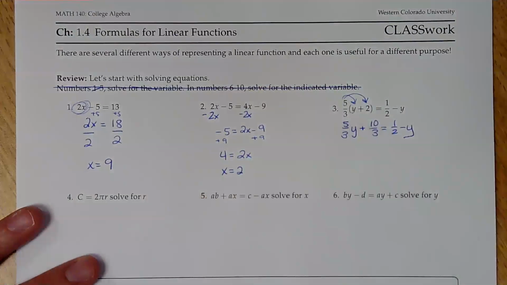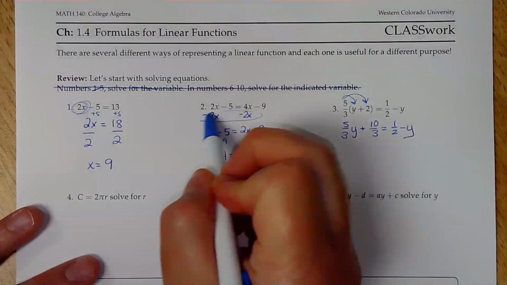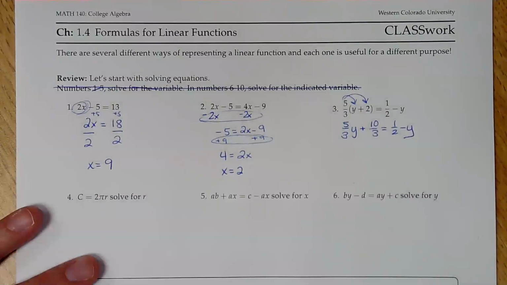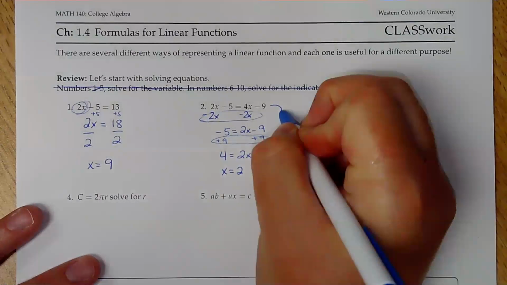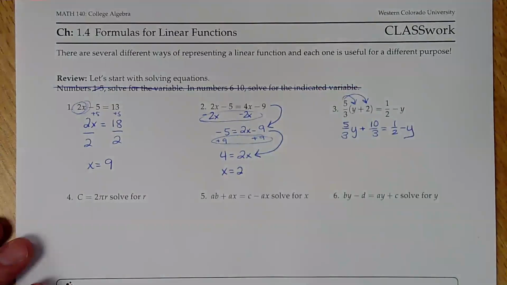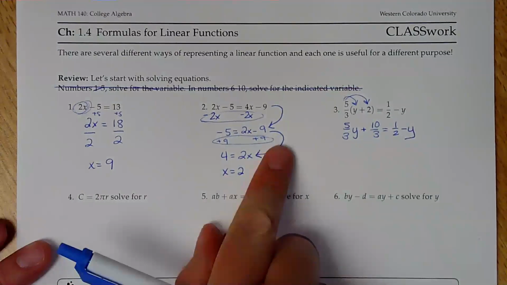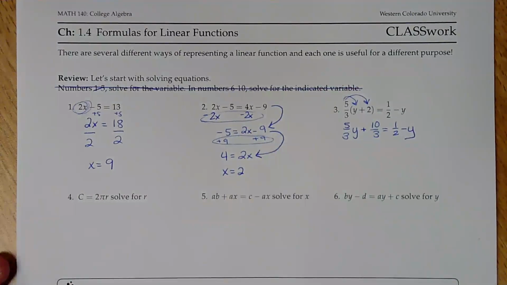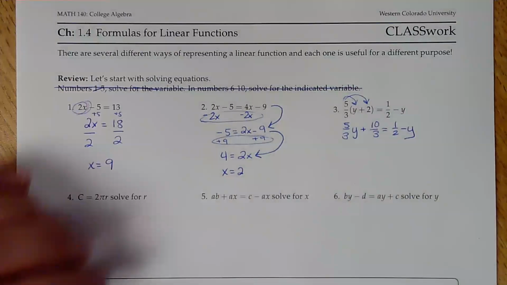You do not need to show these 2 steps here. If you feel confident in your algebra skills and you jump from this to this, and then from here to here, that's totally fine. You don't have to show that you subtract 2x on both sides. Generally, the person grading that, which is me, can follow that pretty well. But if it's helpful to you to do that, go ahead and do that.